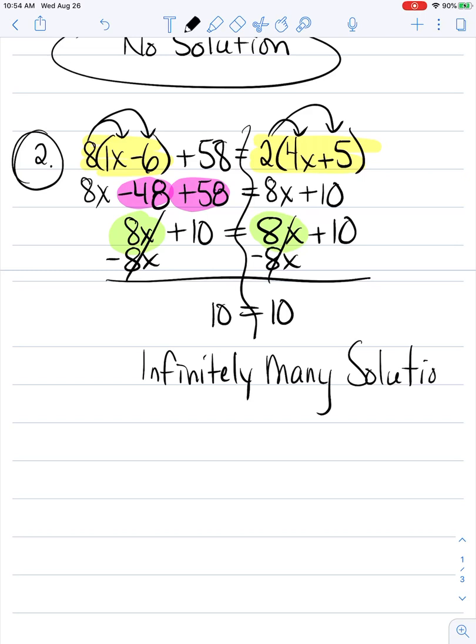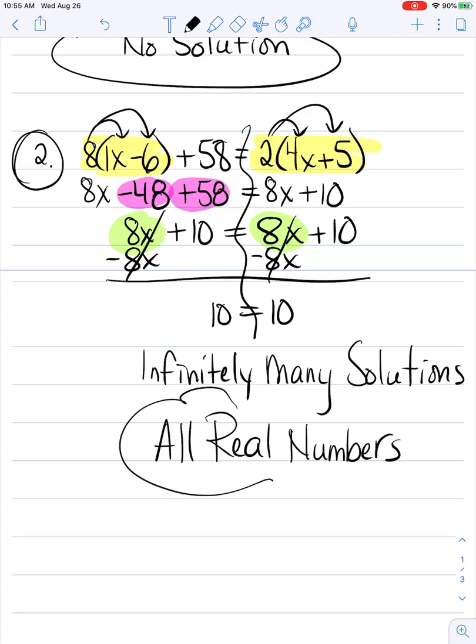So that's how many solutions it has. What is the answer? What is the solution? Well, the answer is all real numbers. And the reason is, every single number that we plug into that equation will make it true. That's why the solution is all real numbers.